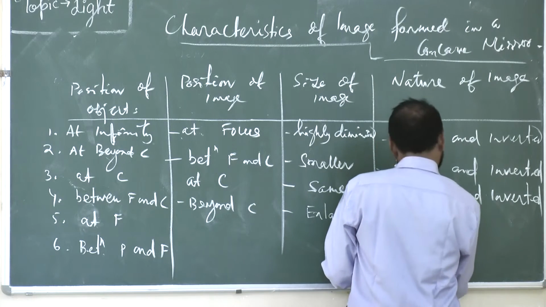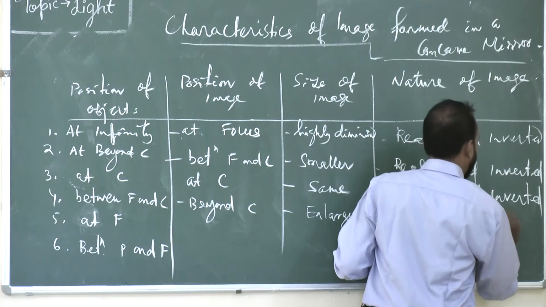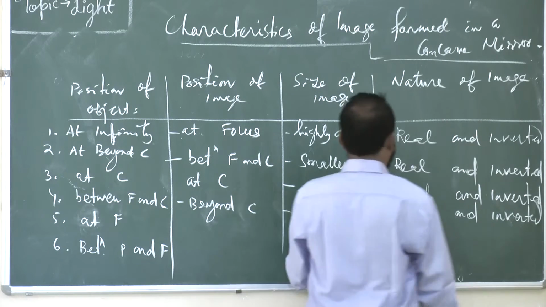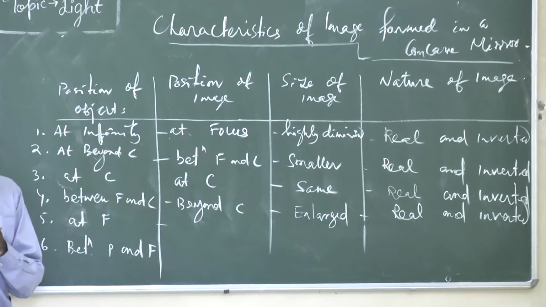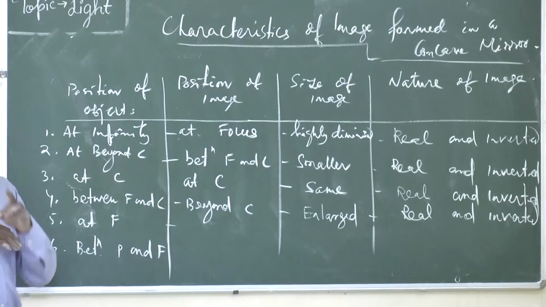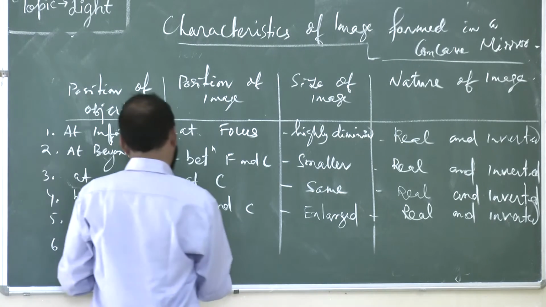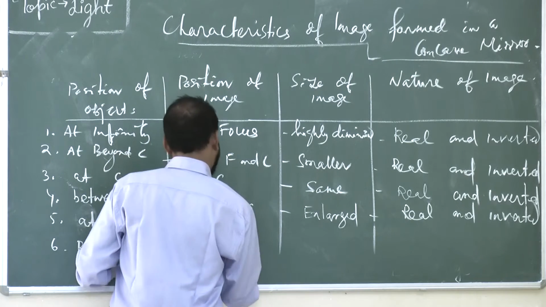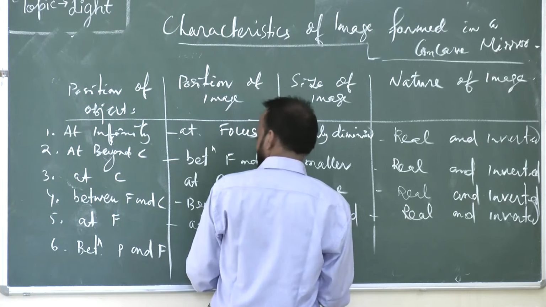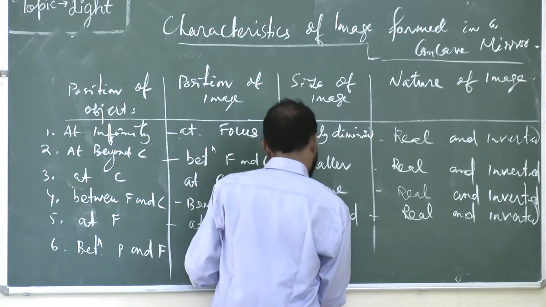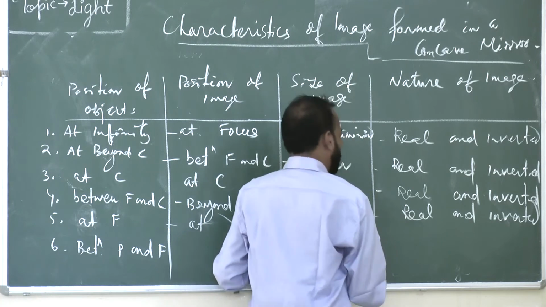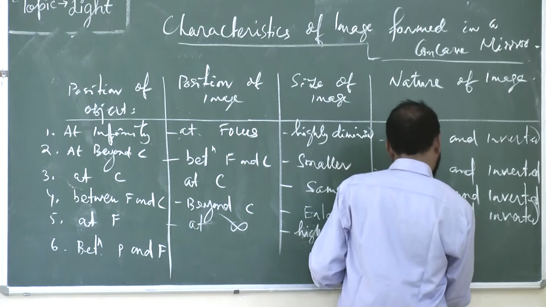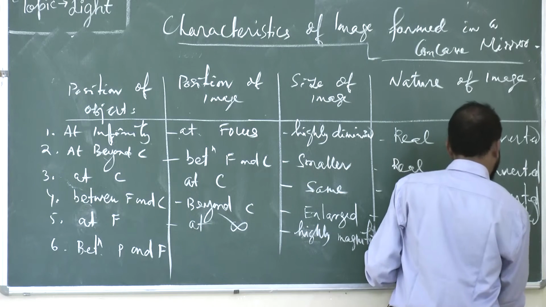Then again this is real and inverted. How many points do we have? 4 points. And at the focus, the image will be at infinity. Very good. At infinity, and highly magnified, and the image will be real and inverted.